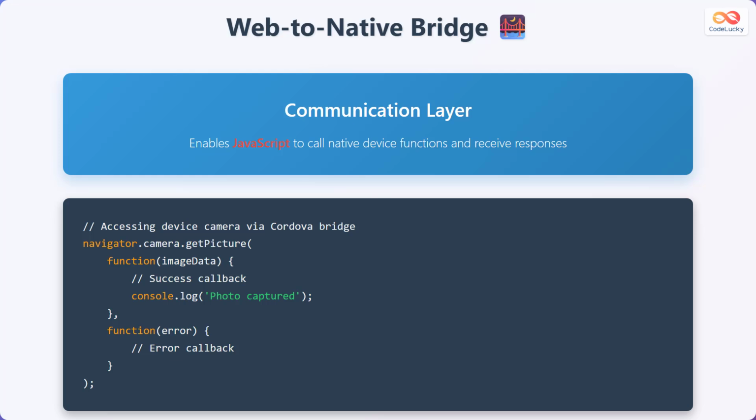The bridge then translates this request into native code execution and returns the result back to your JavaScript application. For example, when you call navigator.camera.getPicture, the bridge handles the communication with the device's native camera API. This mechanism allows web developers to access powerful native features without having to learn platform-specific programming languages like Java or Swift.